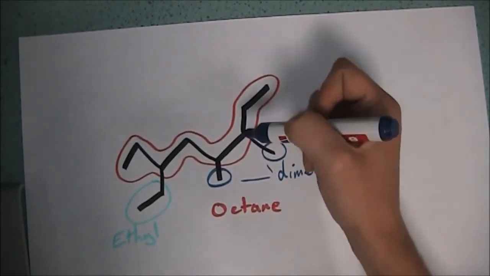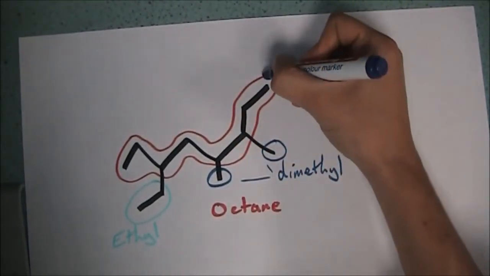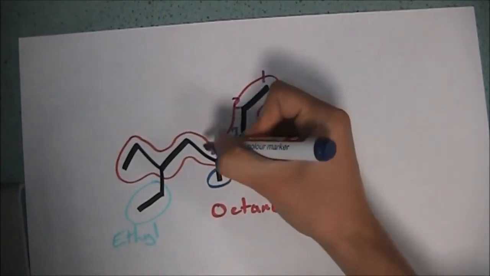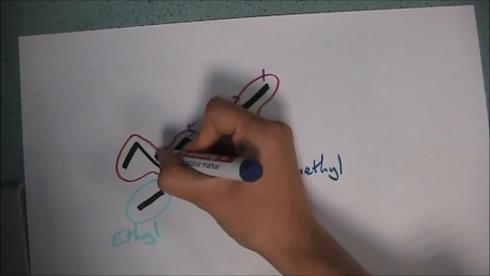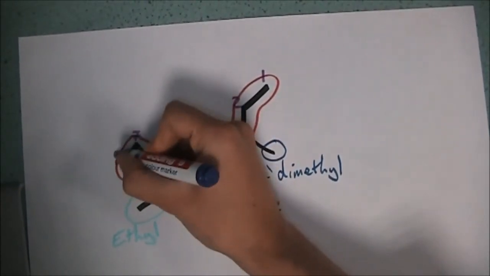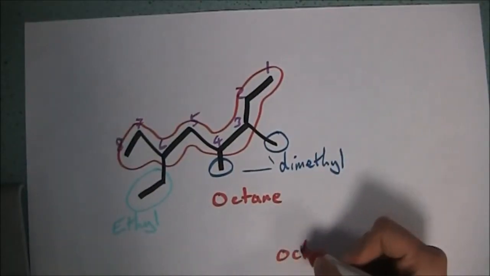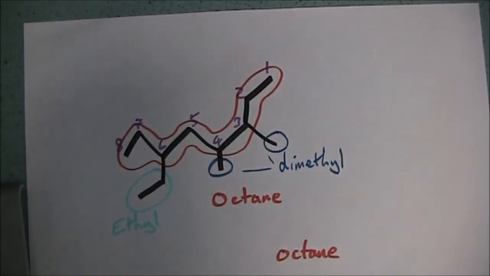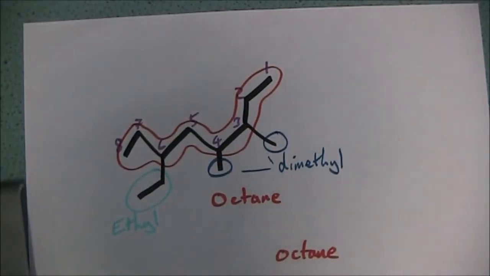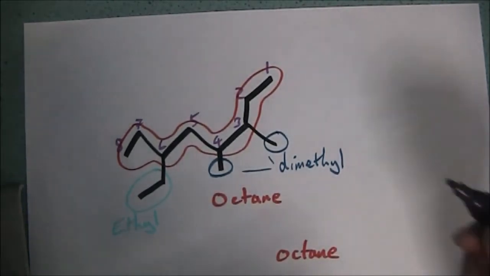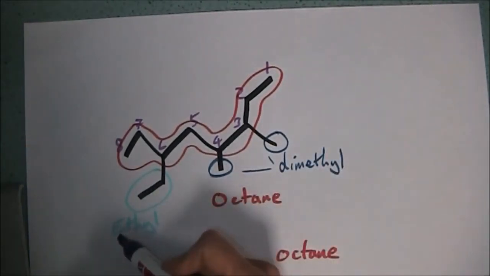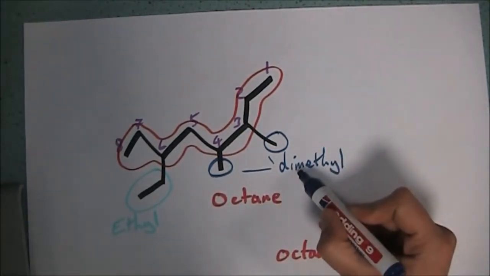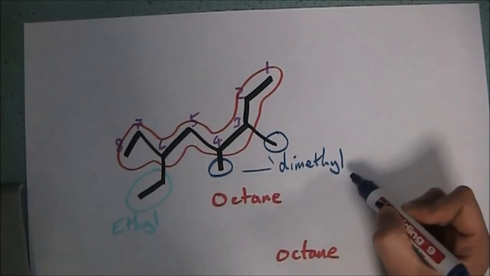So the lowest combination of numbers we can have is starting here. 1, 2, 3, 4, 5, 6, 7, 8. It's going to be based on octane. It's going to have alphabetically first E for ethyl, and then alphabetically second M for methyl groups.